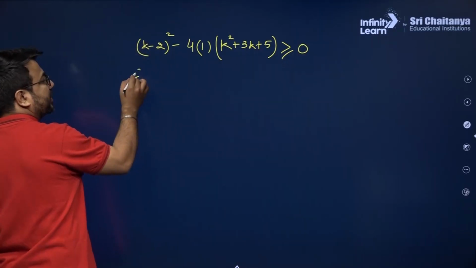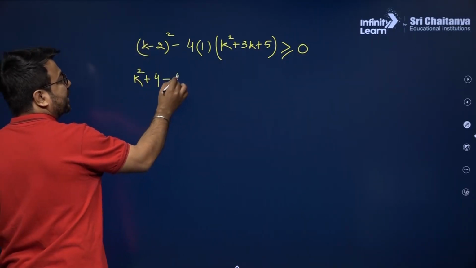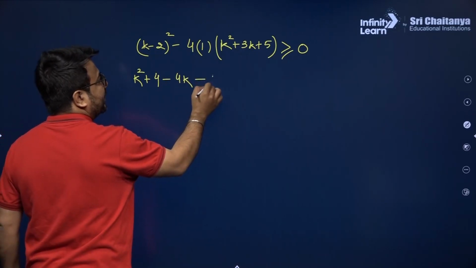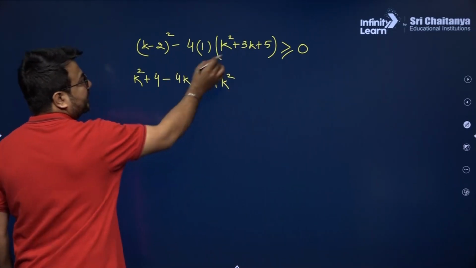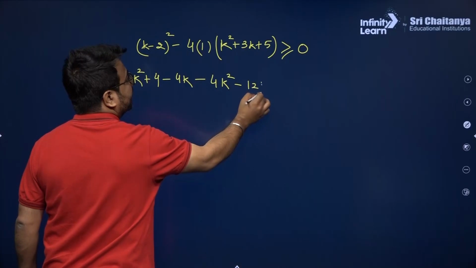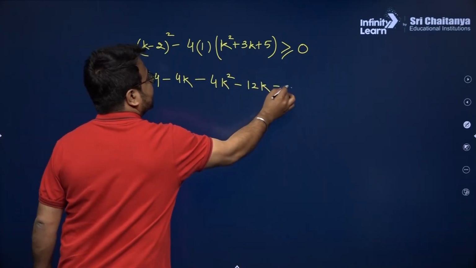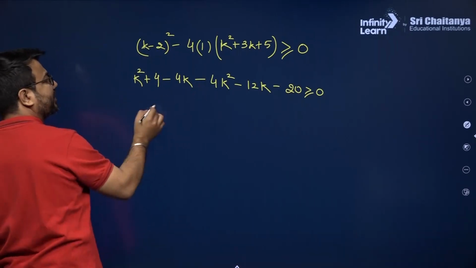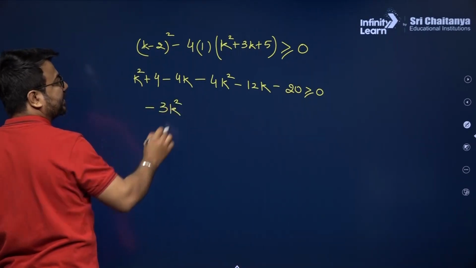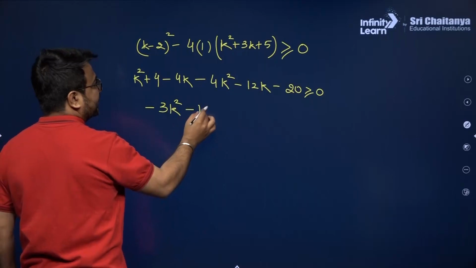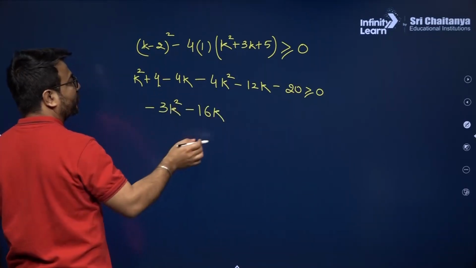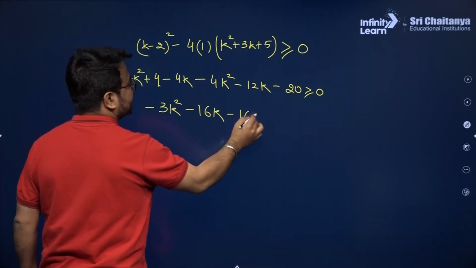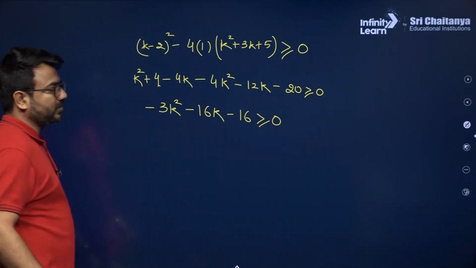I have k square, then I have 4, then minus 4k, then minus 4 times k square, then minus 12k, and then minus 20 should be greater than or equal to 0. So k square minus 4k square is minus 3k square, then it is minus 16k, then 4 minus 20, it will be minus 16, greater than or equal to 0.